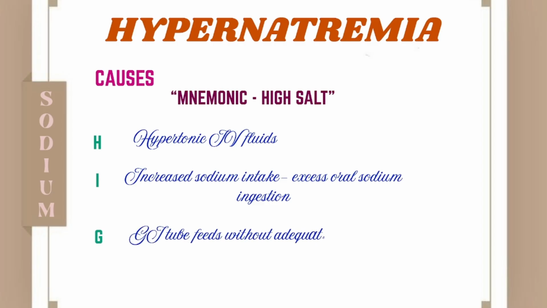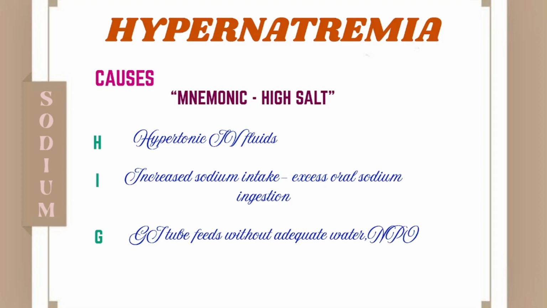G stands for GI tube feeds without adequate water or NPO. If the patient is on tube feeding or is kept NPO, that means less water is given to the patient. So patient can easily get hypernatremia. Mainly when patient is on GI feeds, as compared to the feed we are giving, we give less water to the patient because the patient cannot take water by itself.